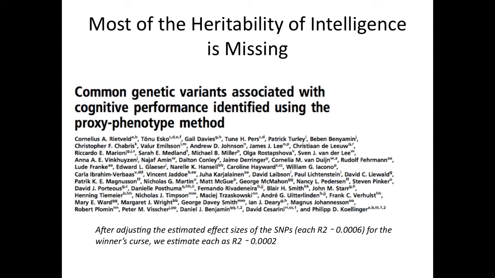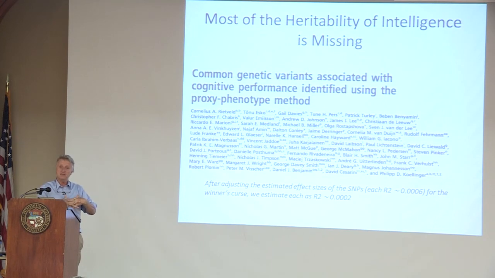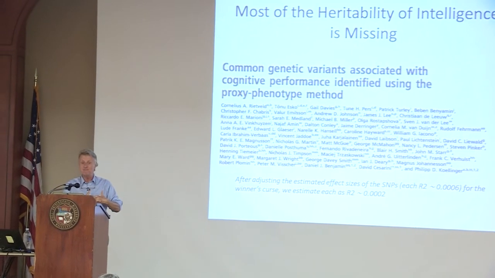Like other intentional behaviors, most of the heritability of intelligence is missing. And this is a much more famous phenomenon than the missing heritability of BMI, because you can imagine that finding genes or DNA that are related to human intelligence would be a big deal.